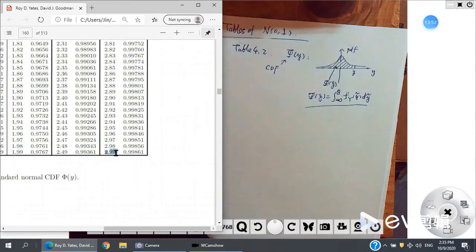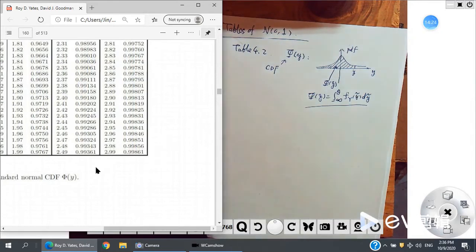It's 2.99, and the probability phi of y is 0.99861. Right. So this is the largest phi. So in the table we only have those values of phi when this y runs from 0 to 3.